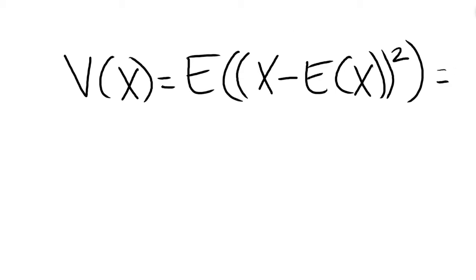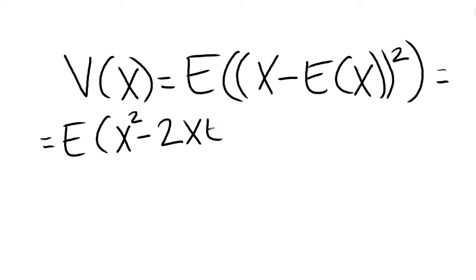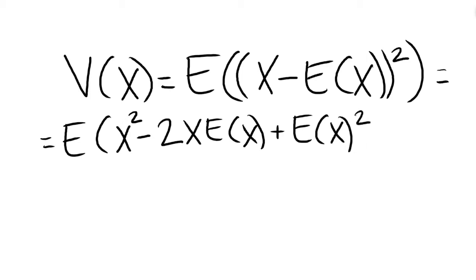So we're gonna get the expected value of... and if you know the quadratic formulas, you know how to do this. Otherwise, I recommend looking them up. So we have x squared minus 2x times the expected value of x plus the expected value of x, squared.